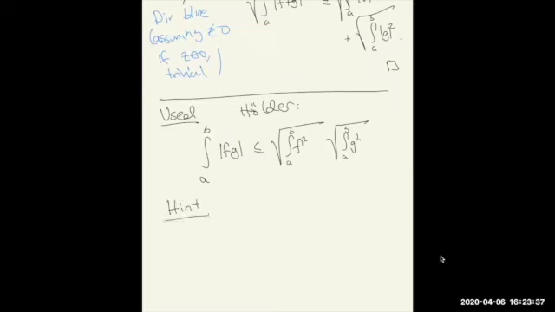And the hint for this is to proceed just like you did in the single variable case. So you look at the function f of t is equal to the integral from a to b of (f minus tg) squared, and we integrate in x.